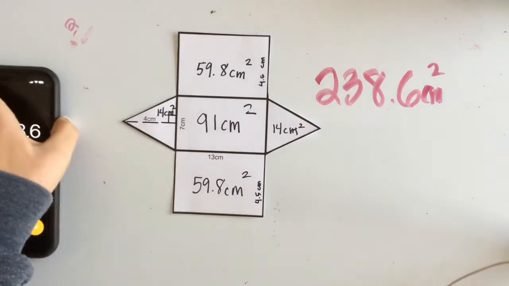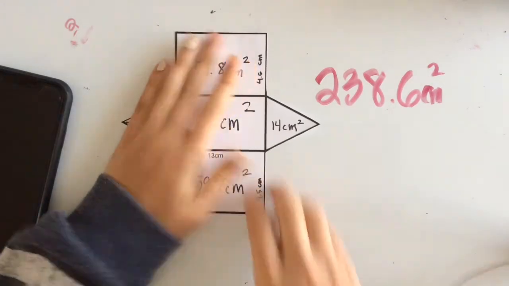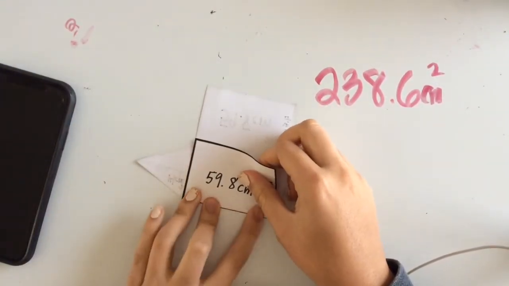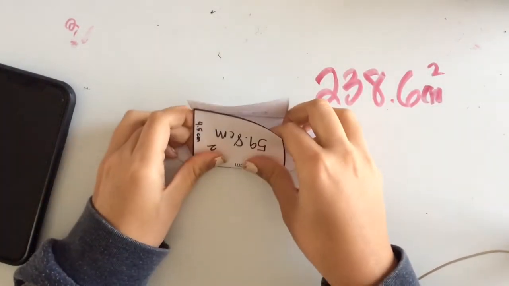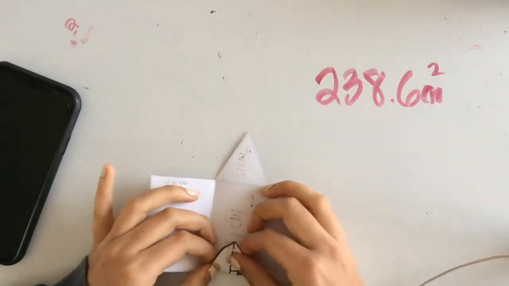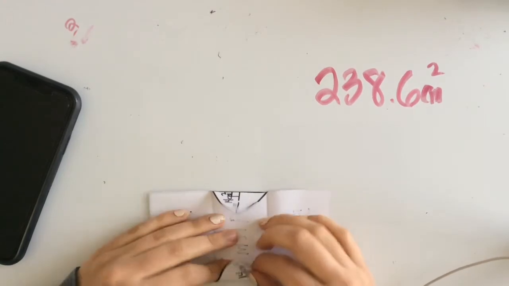Well, we want to find surface areas of three-dimensional figures. So the idea is that if I find the area of each side of a three-dimensional figure, it'll give me the total surface area of the whole figure. So what I didn't tell you is that this folds up and it can turn into a prism.